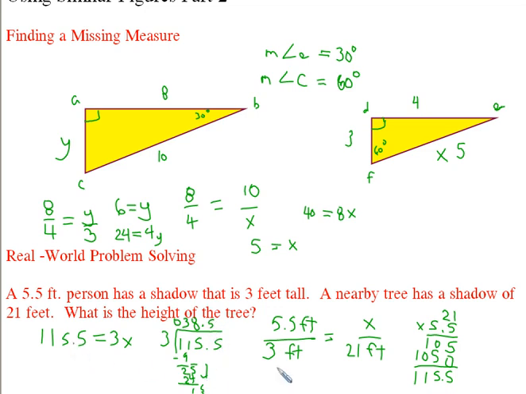So the height of the tree, the value of x, is going to be equal to 38.5 feet. And that more or less makes sense because it's substantially taller than the shadow, and the shadow is 21 feet. So we're done.